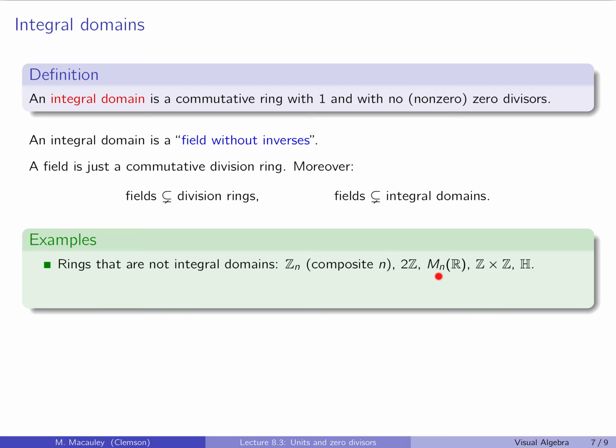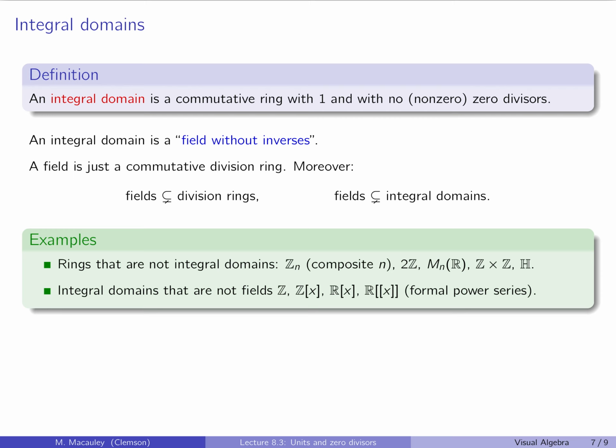The n by n matrices definitely have zero divisors. The product Z cross Z has zero divisors. If you take (1, 0) times (0, 1), you get (0, 0). So that's not an integral domain. And then the Hamiltonians, even though it has 1 and no non-zero zero divisors, it's not commutative.